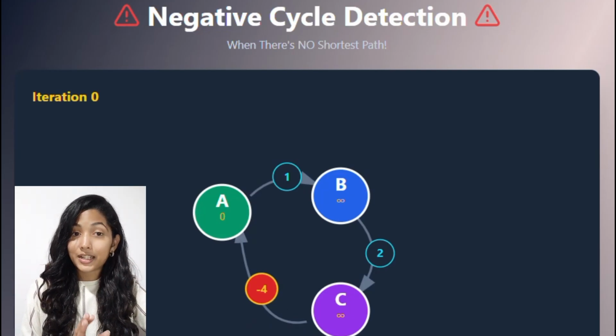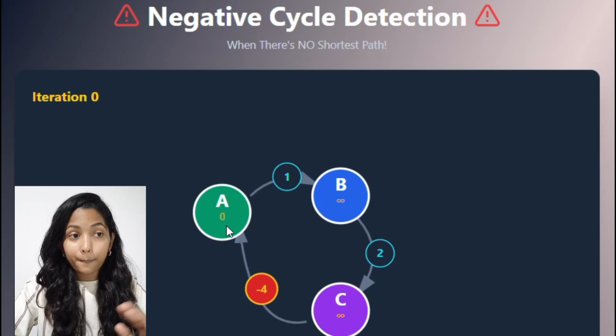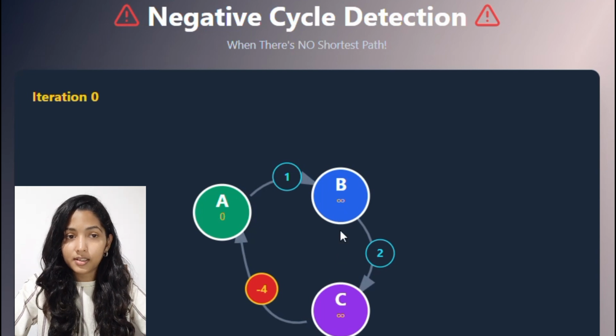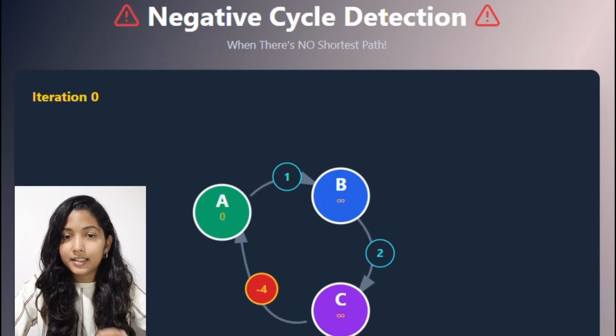Now let's see what happens when we run Bellman-Ford on this graph. Let's work through it step by step. Step 0, the initial state: we start with our source, A, at 0, the green node, and B and C are infinity. Let's begin the algorithm.